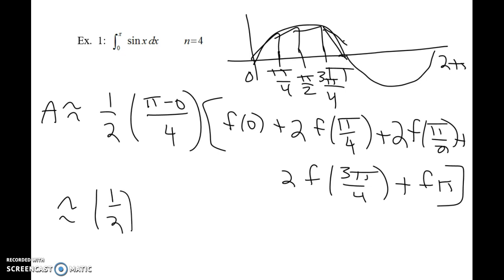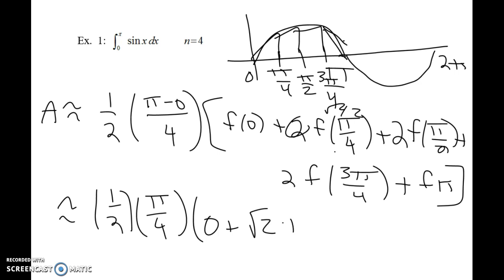We have 1/2 times pi over 4. Now the function value at 0 is 0. The sine at pi over 4, if you think of your unit circle, is radical 2 over 2, times the 2. So this is radical 2 over 2 times 2, which is just radical 2. Sine of pi over 2 is 1 times 2, which is 2.